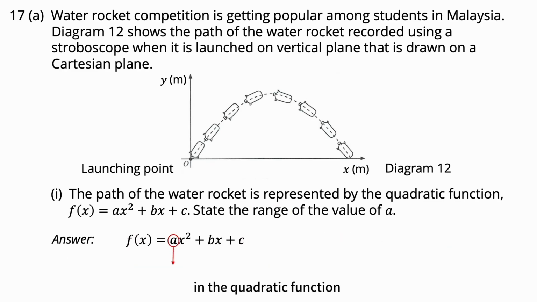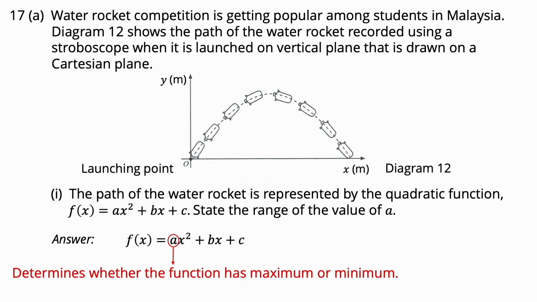A in the quadratic function determines whether the function has a maximum or minimum. From diagram 12, the water rocket follows a parabolic path that opens downward. It goes up, reaches a maximum height, and then comes down.